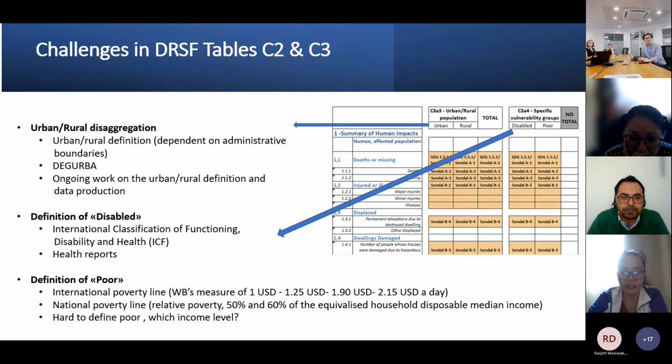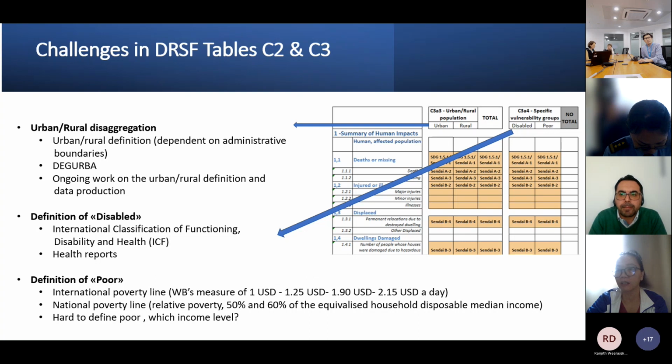Okay. Here I see there may be, because defining the poor in terms of the international poverty line and the national poverty line, I don't know if the group would agree, or this is just a suggestion to avoid confusion, because there would always be different numbers if you do it in both ways. So in this case, it may merit to actually break this column further: poor A and B, as defined in the international poverty line and as defined in the national poverty line.